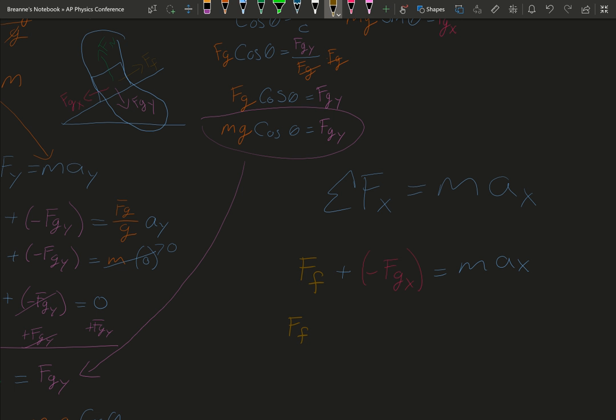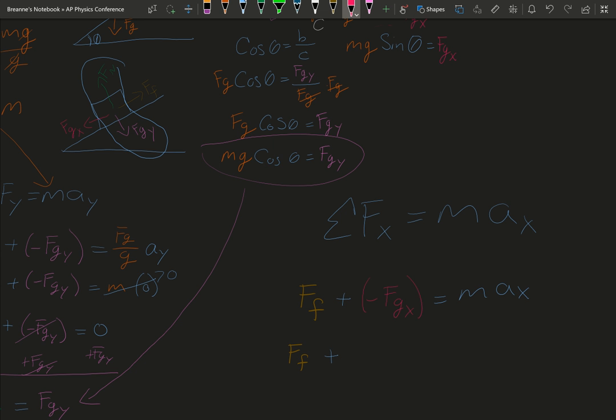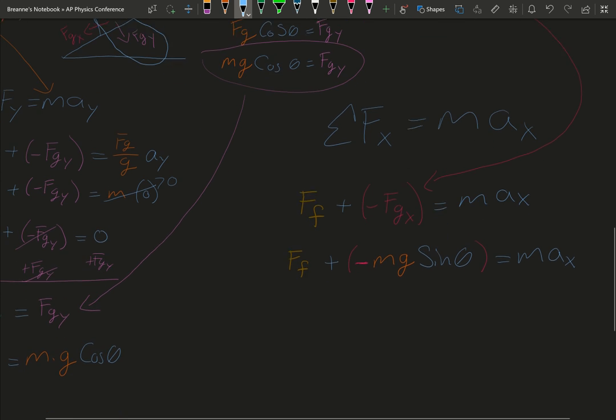So we can simplify our force of gravity in the x. We can plug that in there. So it'd be a negative mass times acceleration due to gravity sine theta equaling mass times acceleration in the x.